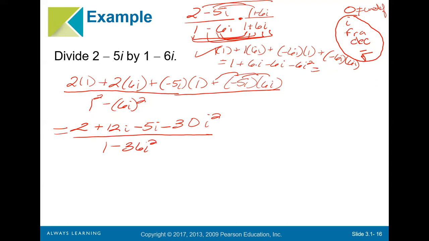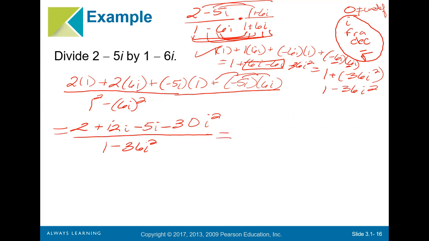All right, so if I was to clean this up, oh, I left my, because that was 6 times 6. It should have been 36 here, guys. If you caught that, thank you. So now I have 1 plus. What happens? The positive 6i minus 6i goes to 0. Leaves me with a negative 36i squared. And I'm just going to rewrite this. And what do I know about i squared?